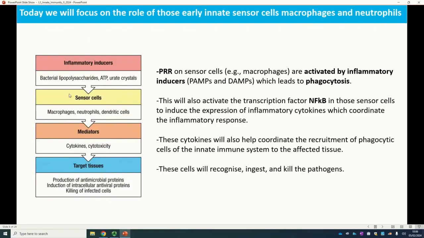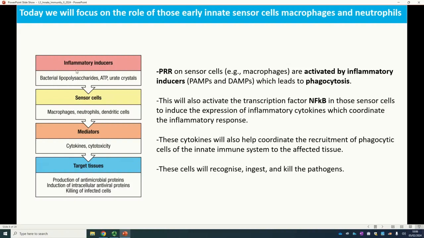So this is a diagram that I think we looked at in the last lecture. But essentially what we're going to look at now is the role of macrophages and neutrophils, because these are those early innate sensor cells. So if you remember, we have these inflammatory inducers.